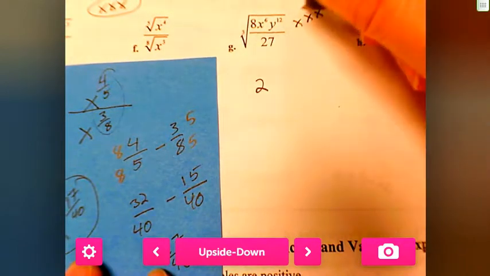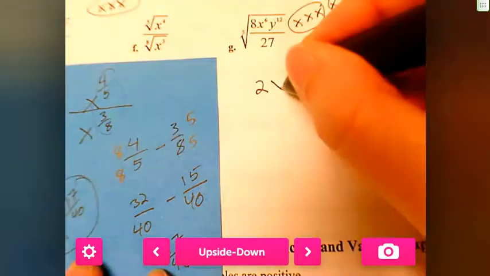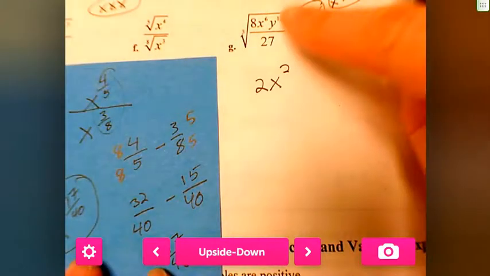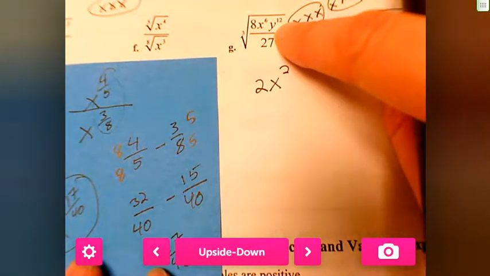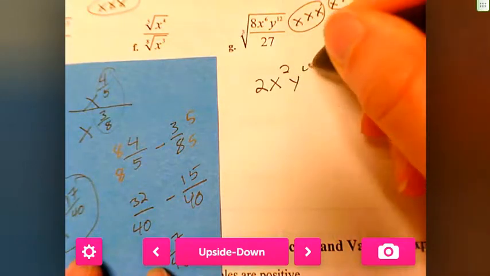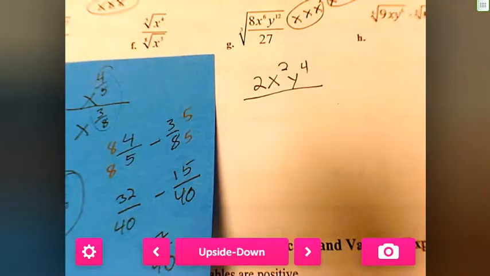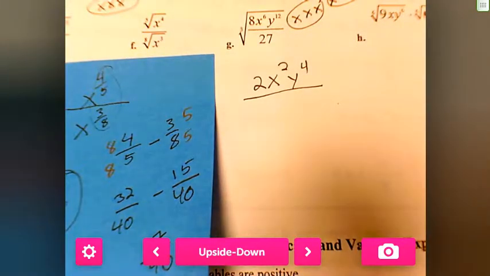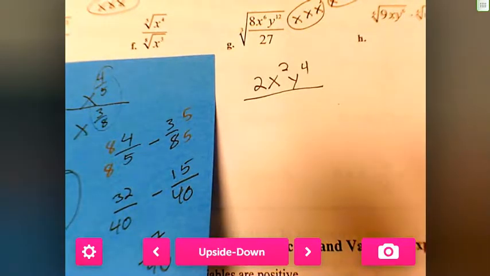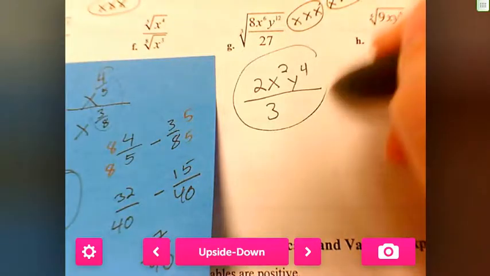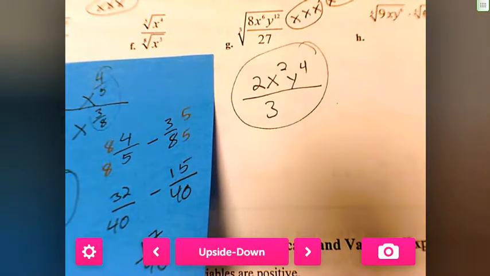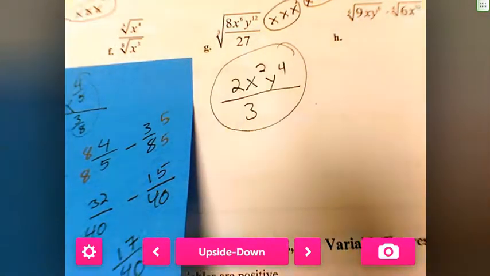Yep, I've got 2 groups, right? So that's x squared. How many groups of 3 does 12 have? 4. Okay, what times what gives me 27? I need the same number multiplied 3 times. 3. You're done. A little extra thinking, but we can do this.